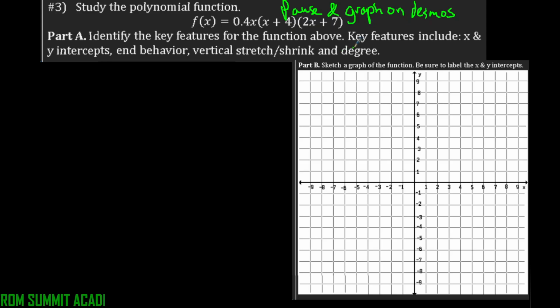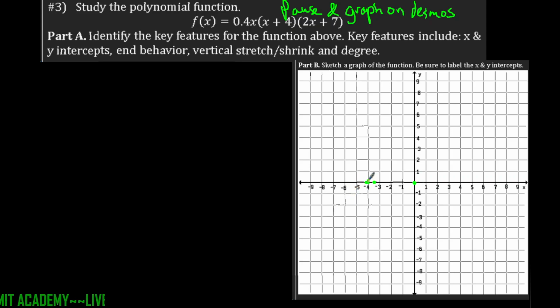So now let's do the sketch. So we had x-intercepts on, it was -4, it was -3.5, and it was 0, 0. So again, your picture's not going to be perfect, but that's okay.